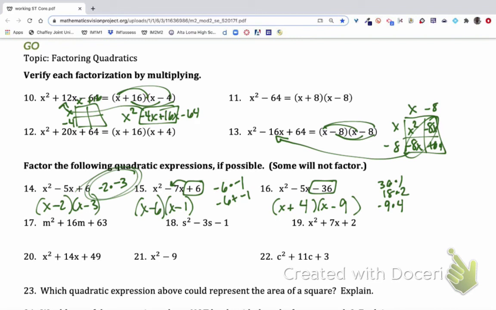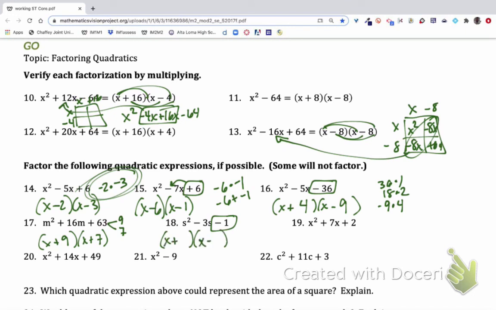For number 17, we can break 63 into 9 times 7. And 9 plus 7 gives me 16. This one's a little bit more straightforward because they're both plus. For number 18, I need negative 1, which means I need a negative and a positive.